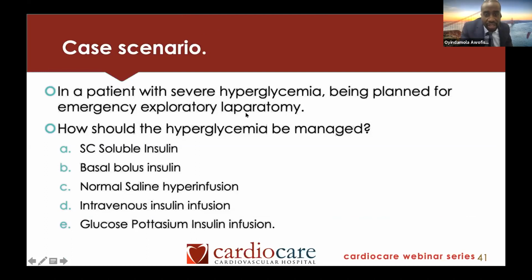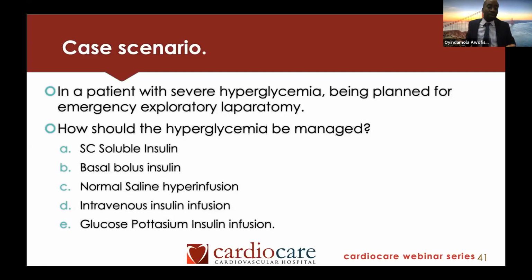Option E, oh yeah, I get a lot of people suggesting option E, which I agree with, even though intravenous insulin infusion using a syringe pump will actually be the best option here for the control. But in many of our settings, especially if the device, the training, and other facilities for using intravenous insulin through a syringe pump cannot be done safely, then you should go for a GKI infusion.